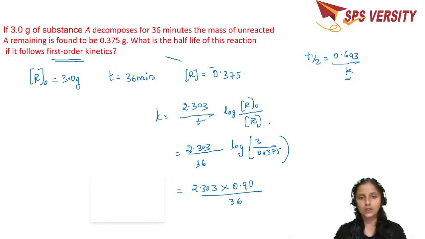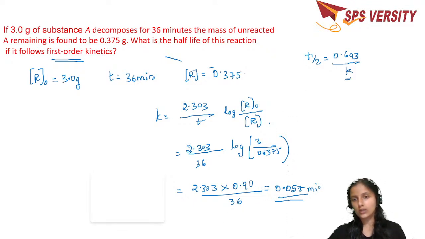2.303 into 0.90 is going to give you 2.07, divided by 36 is going to give you 0.057. See the units: in the numerator you have the concentration terms and the units get cancelled, so you have the unit as per minute, because this is the only unit which you have over here.